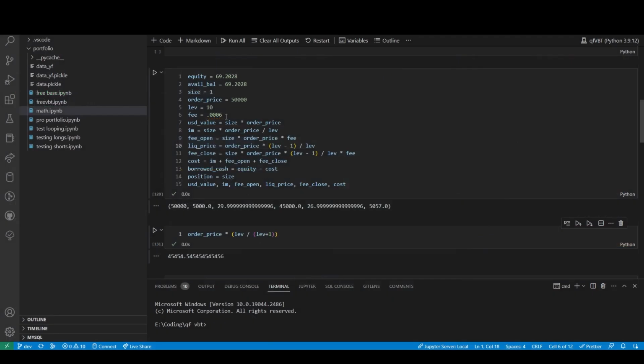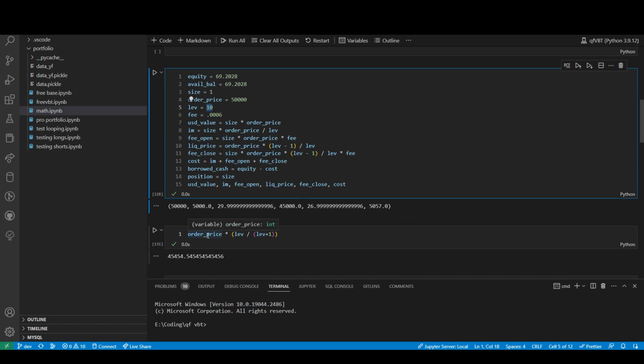If I come over here, my quantity size is 1, my order price is 50,000, my leverage is 10. According to this, it's order price times leverage minus 1 divided by leverage. The liquidation price is 4,500.